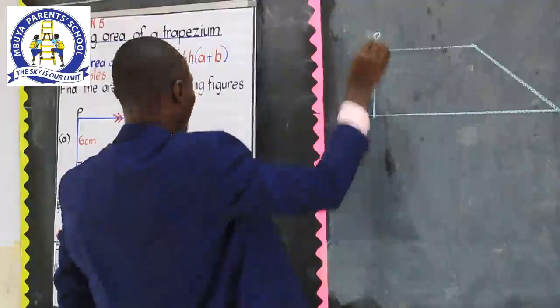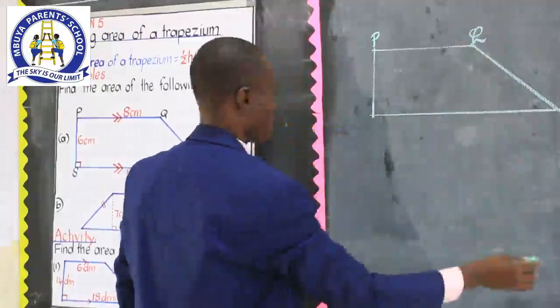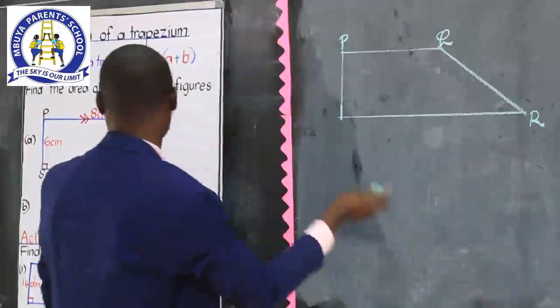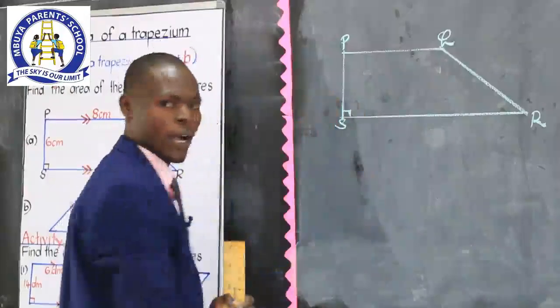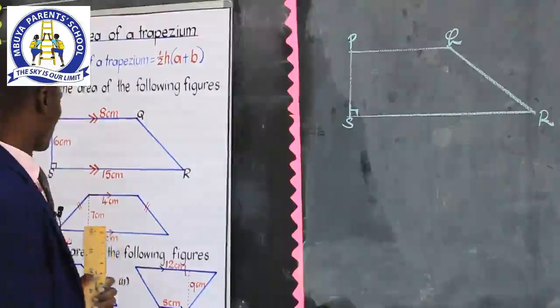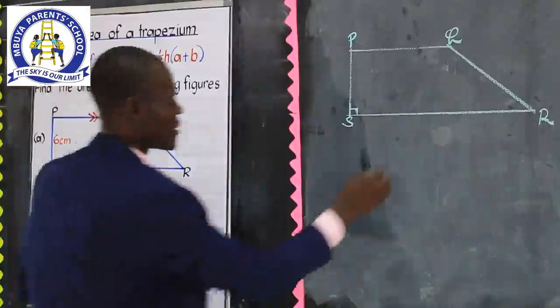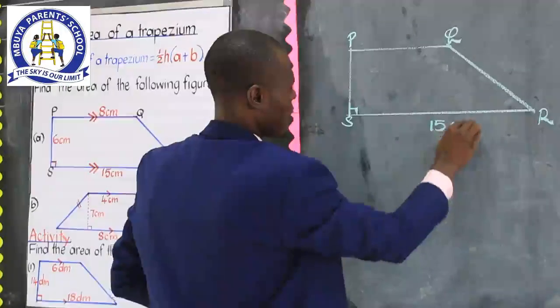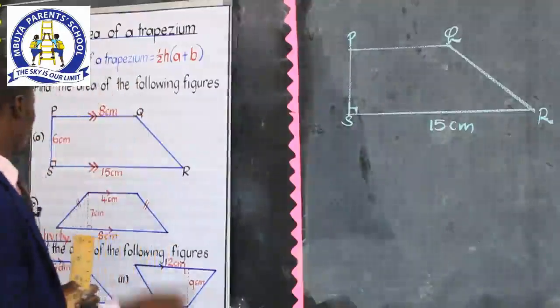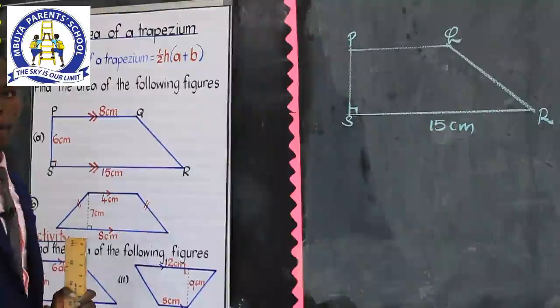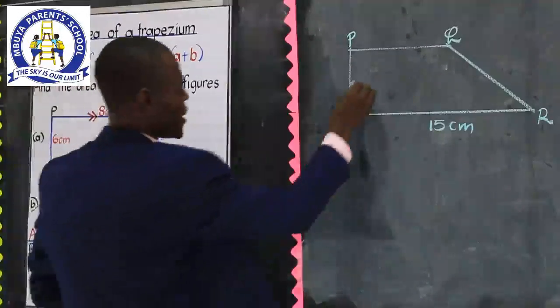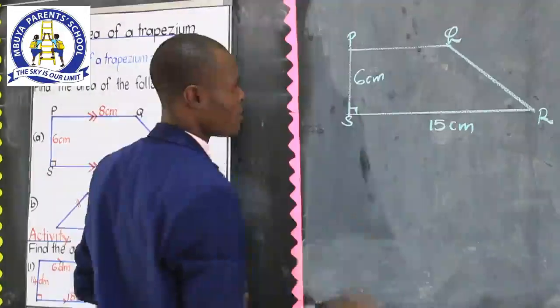This is P, Q, R, and S. We have that right angle. S and R is 15 centimeters. Beautiful. Line PS is 6 centimeters.